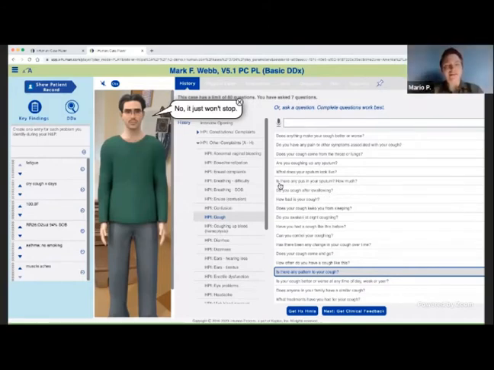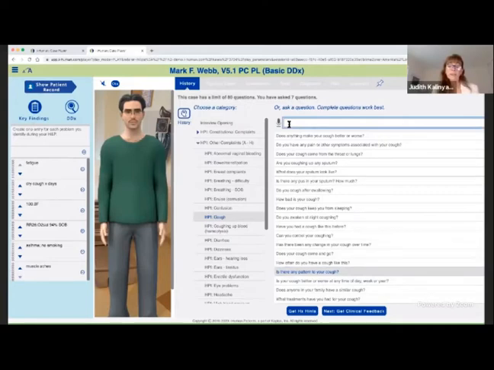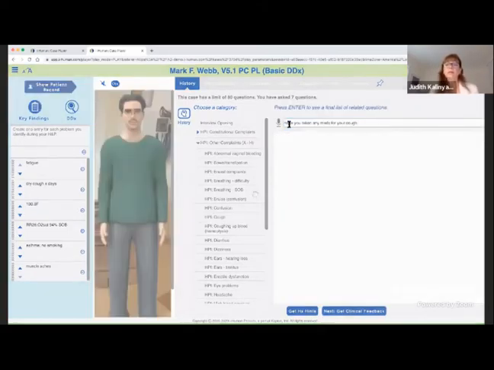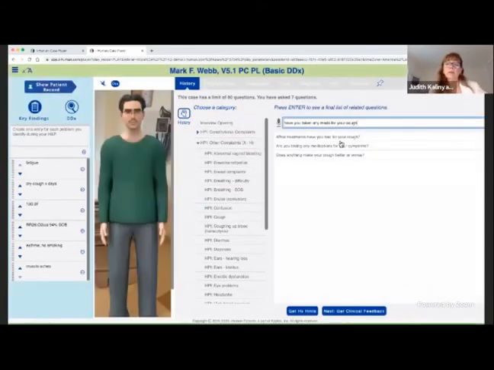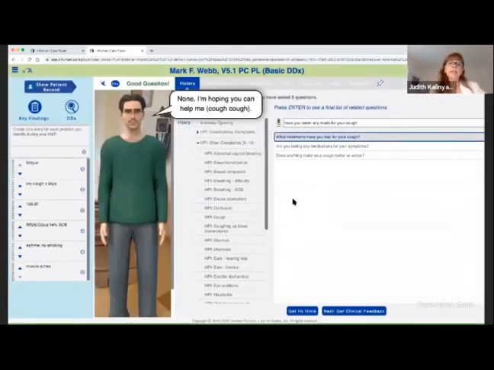Have you taken anything for the cough? Okay, so let's just type that. Have you taken any treatments for your cough? You can see that sometimes it's just giving you slightly different phrasing.